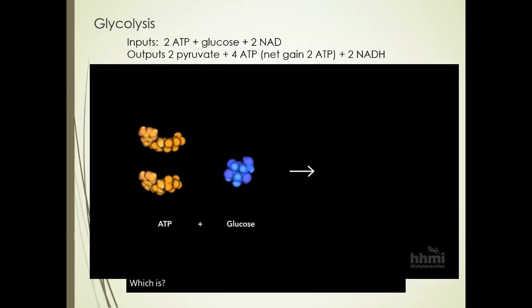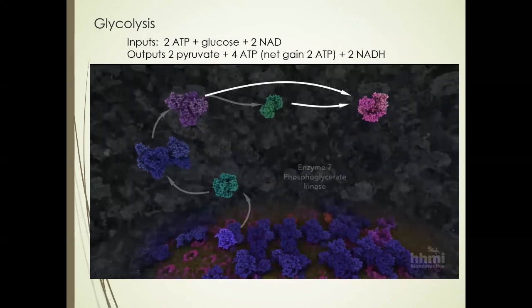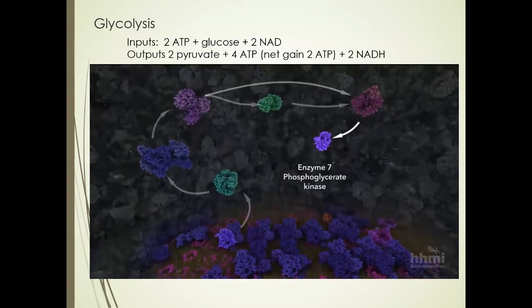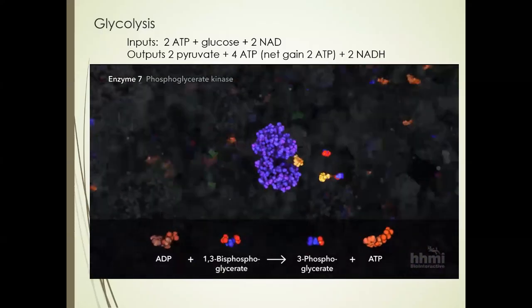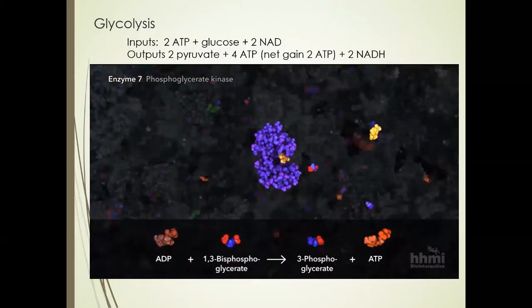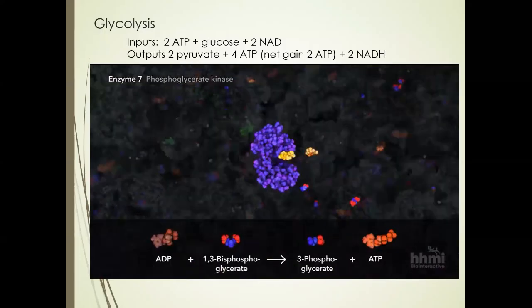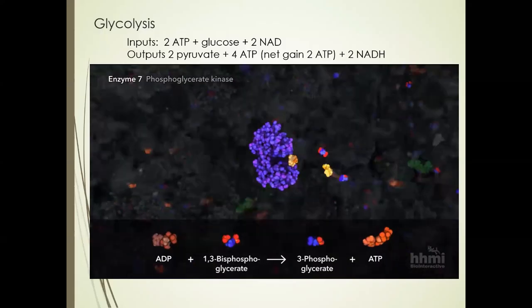Halfway through glycolysis, the cell has consumed 2 ATP molecules, breaking down glucose, and is now ready to capture energy in return. The seventh enzyme transfers a phosphate group from 1,3-bisphosphoglycerate to ADP, creating chemical fuel, ATP.